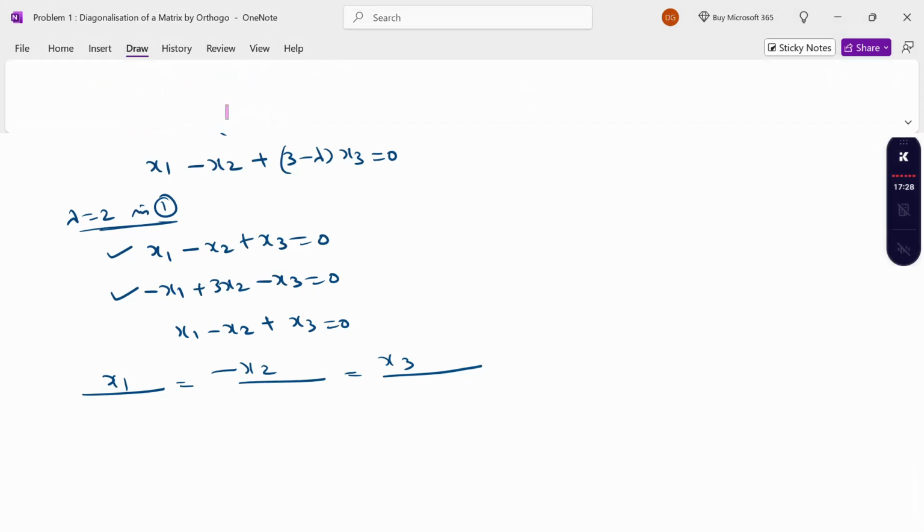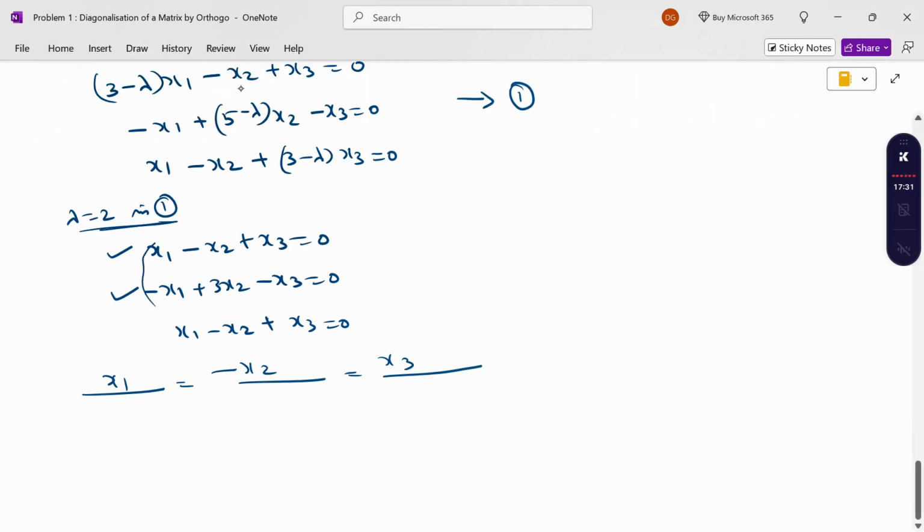What is the minor matrix of this? When I'm choosing this x1, this is our minor matrix: minus 1, 1, 3, minus 1, or directly write this as cross multiplication. Then x2, when I select x2, this is the form: 1, 1, minus 1, minus 1. Then x3, then 1, minus 1, minus 1, 3.